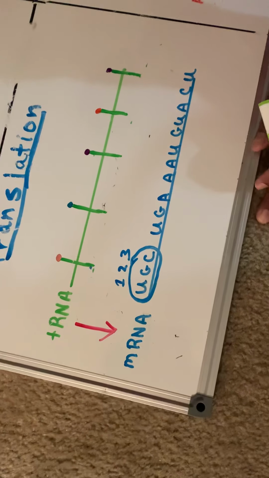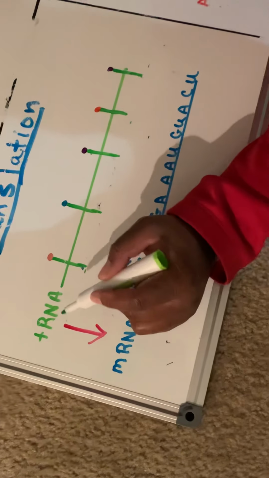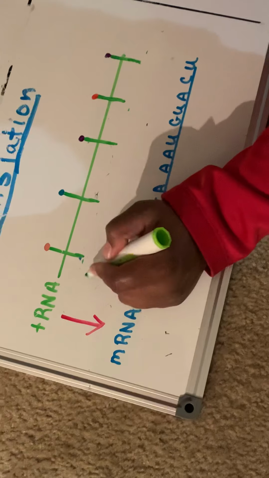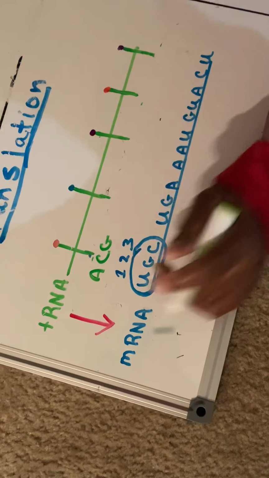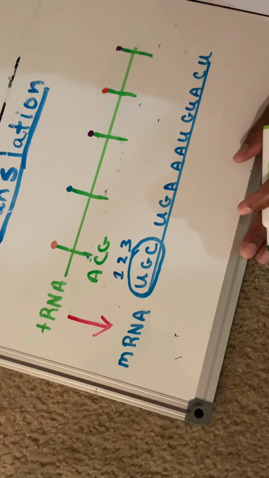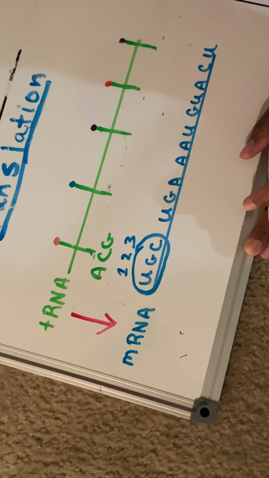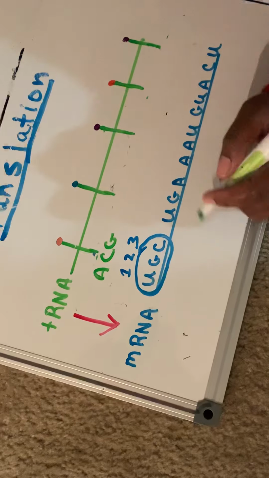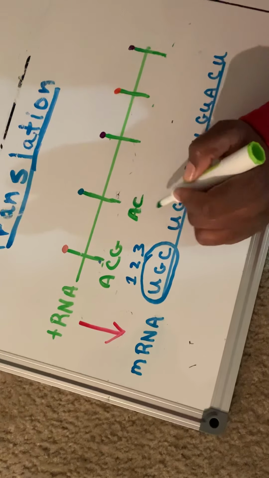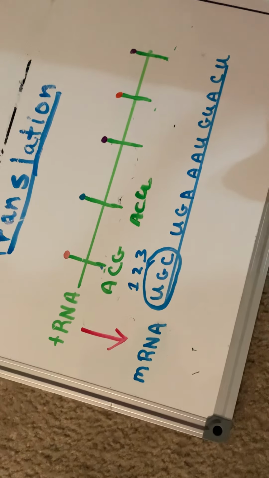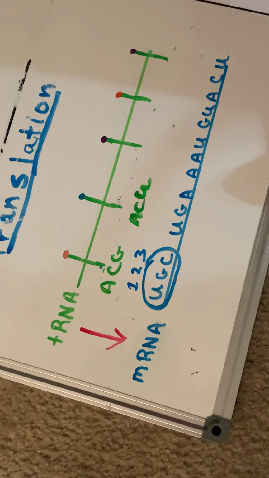And so for the first anticodon on transfer RNA, you're going to have A, C, G. So that's the first anticodon on transfer RNA. And then the next anticodon is going to be A, C, U, because this is transfer RNA.